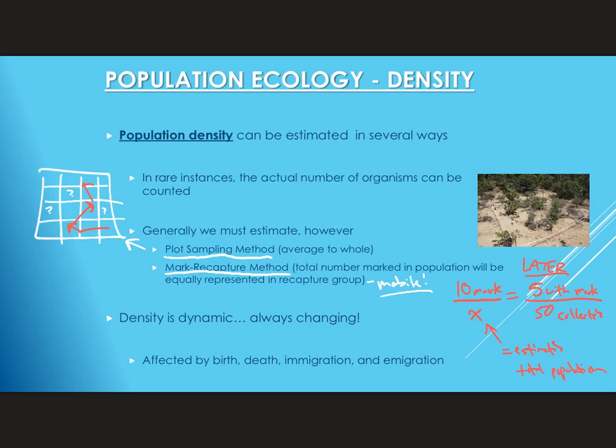Now, we haven't really had to do this on any AP test yet, so I still don't go into it that much here, but this would be the concept that you could use in this kind of scenario. But what's most important of all is that density is dynamic. It's always changing, and it's changing because of these four things: birth and death and immigration and emigration. So let's delve into this a little more.